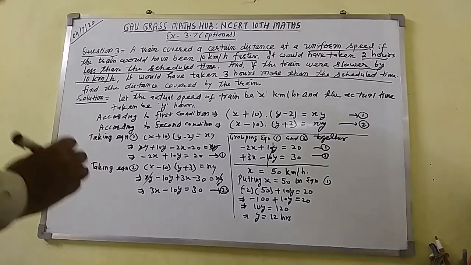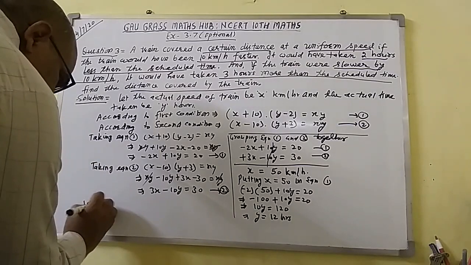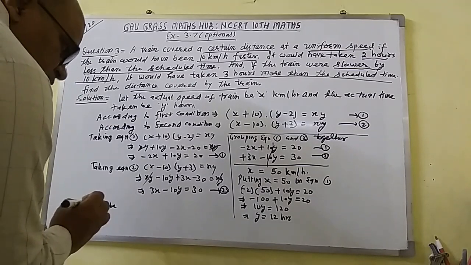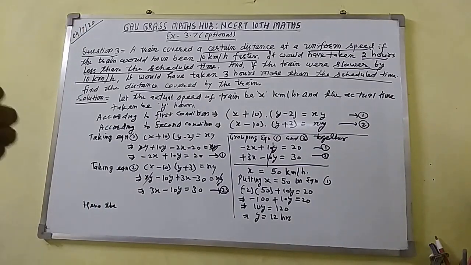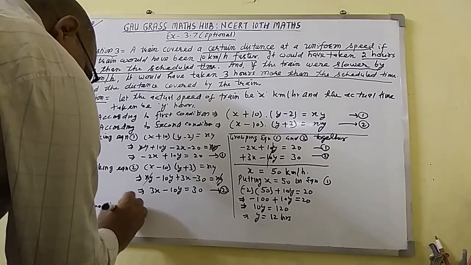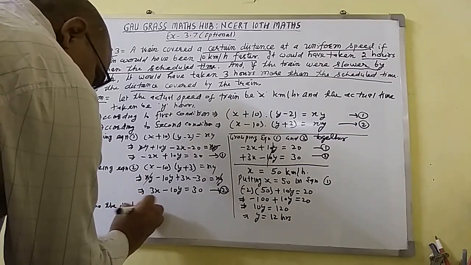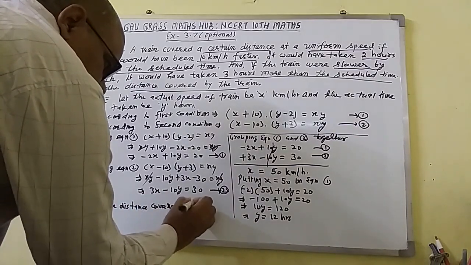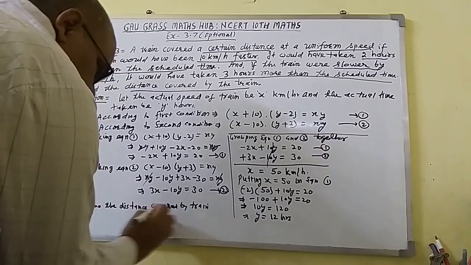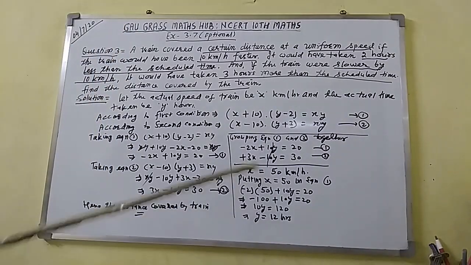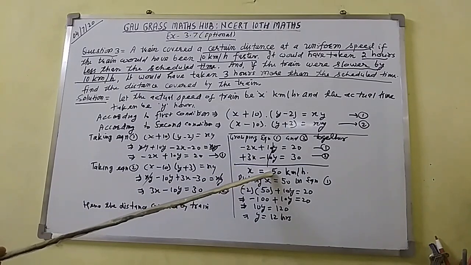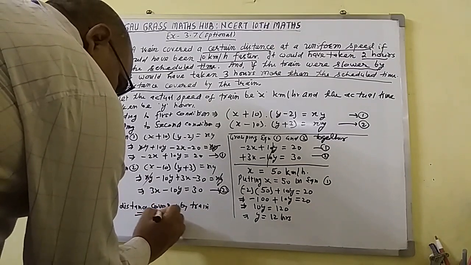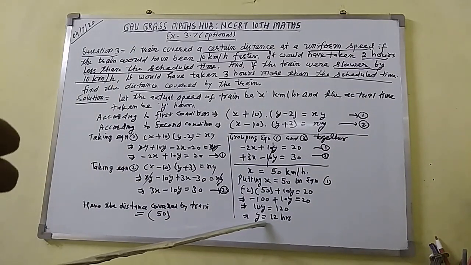Now here you can easily write, hence the distance covered by the train equals, here you can see the actual speed of the train x equal to 50 km per hour, so speed into the actual time taken, which is 12 hours.